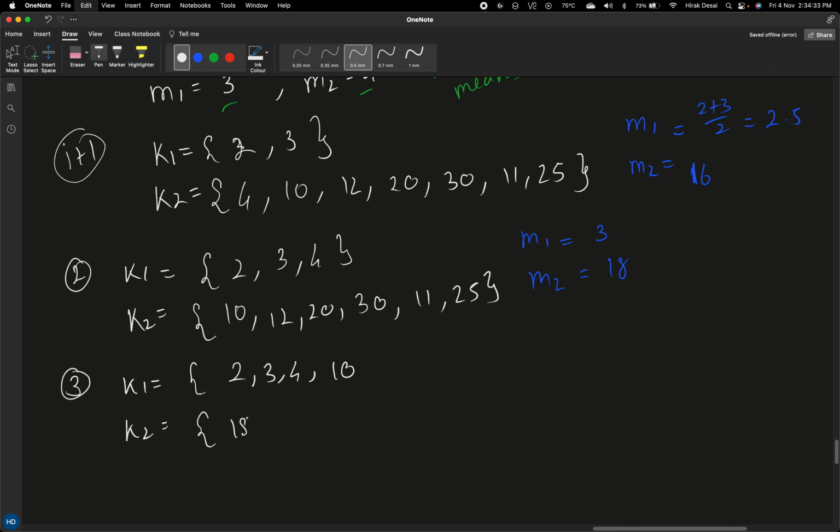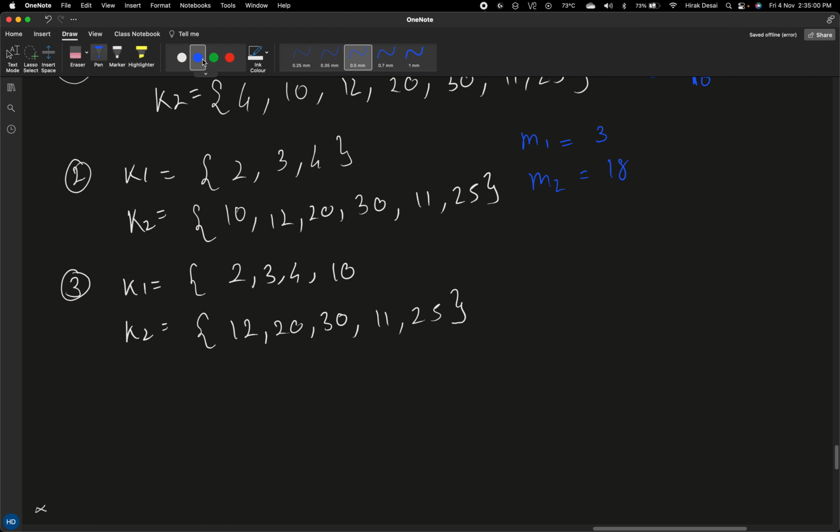If 12 is a part of K2, then obviously 20, 30, 11 are too. For 11, we can check once again: 11 minus 3 is 8, but 18 minus 11 is 7. So 11 becomes a part of cluster 2 because 7 is less than 8.